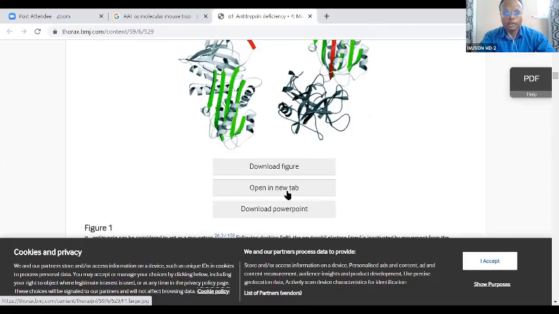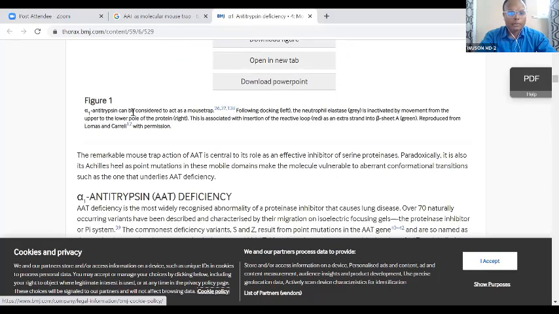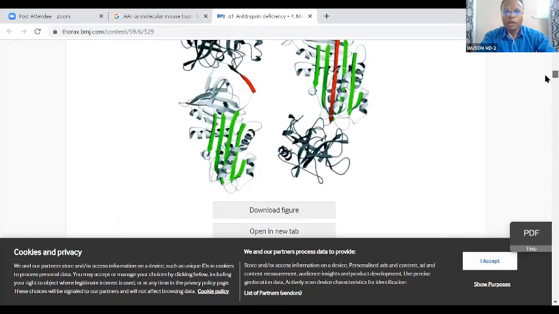Open this picture. You can see at the bottom, alpha-1 antitrypsin can be considered as a mouse trap, a molecular mouse trap. How does it work?